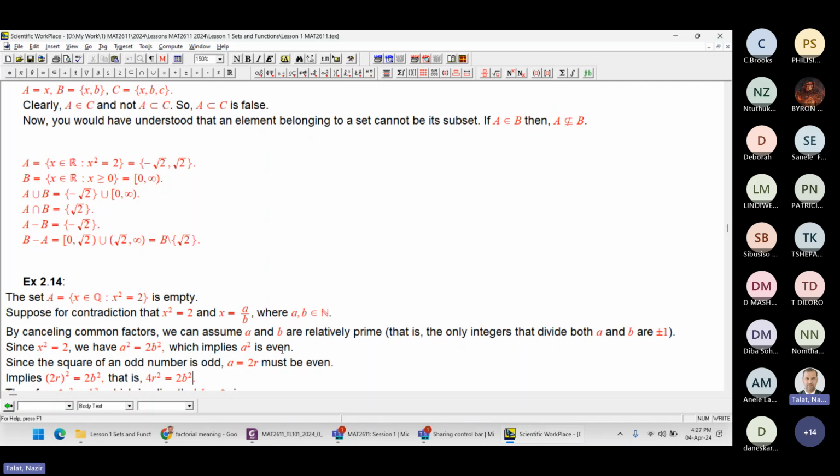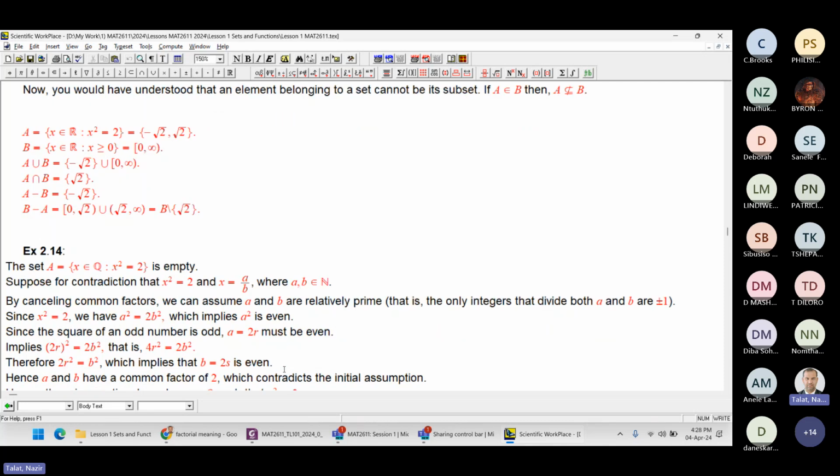It means a square is an even number, because it is 2 times b square. Since the square of an odd number is odd, a square is of the form 2 times r. If we take its square root, it's also of even form, like a is equal to 2r for any integer r.